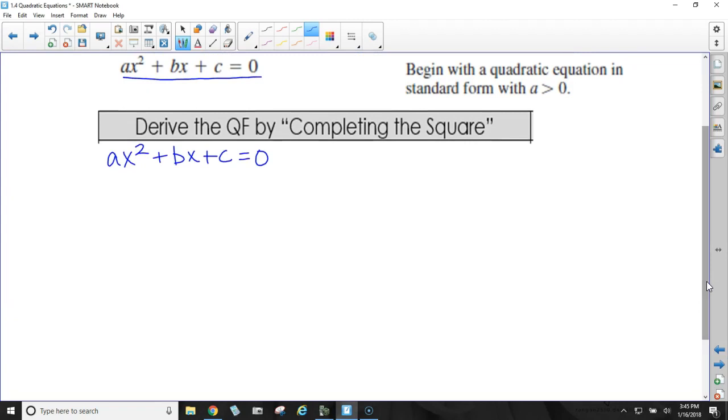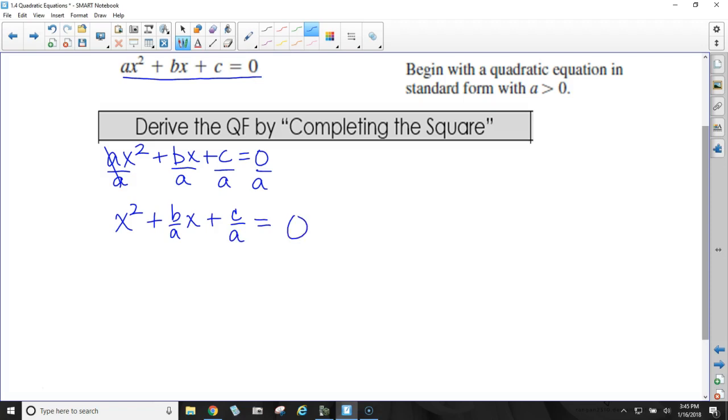At this point, we should be at least a little bit comfortable with completing the square. Now, we know the first thing we do is the coefficient of x squared must be 1. So we've got to divide everything through by the a value so that we will have 1x squared plus b over a x plus c over a equals 0 divided by a, which is just going to be 0.